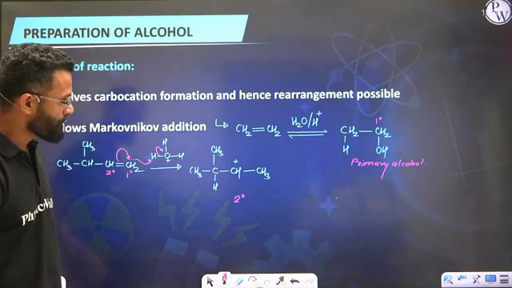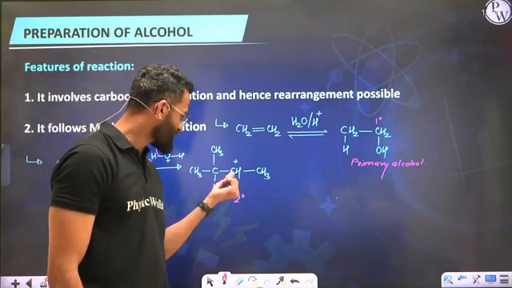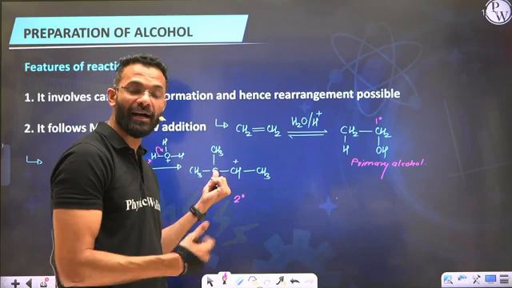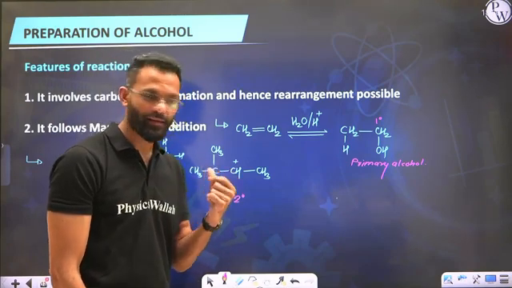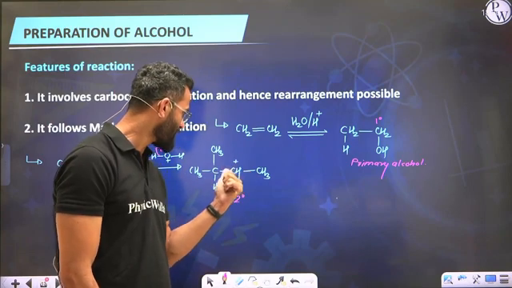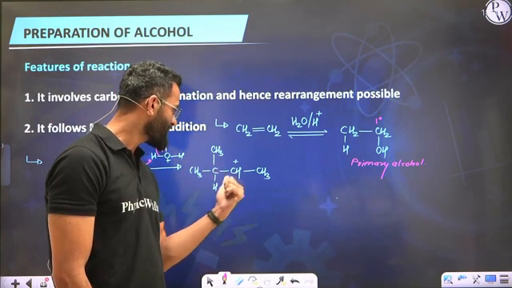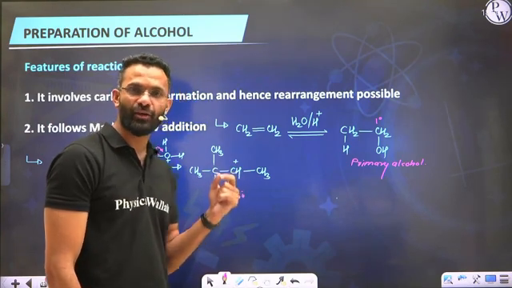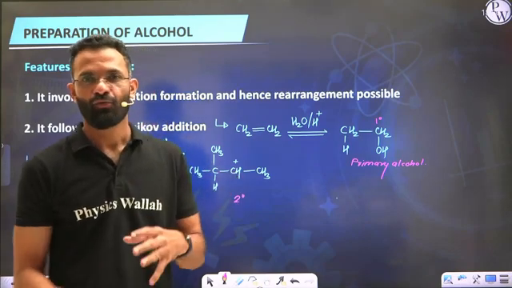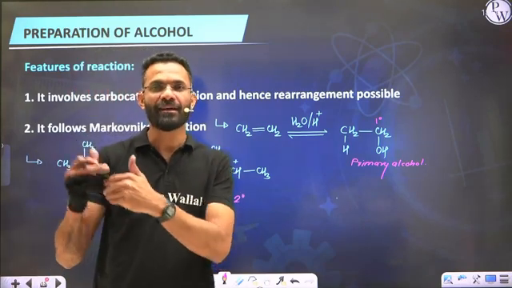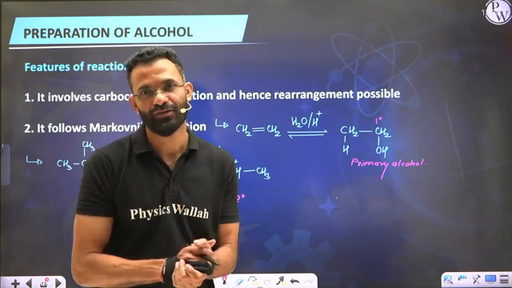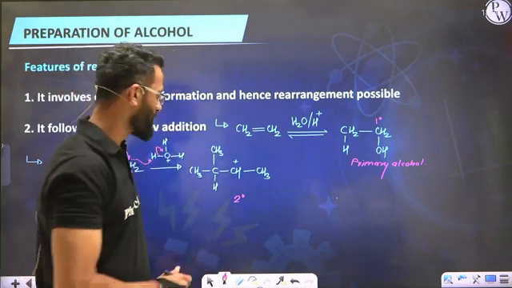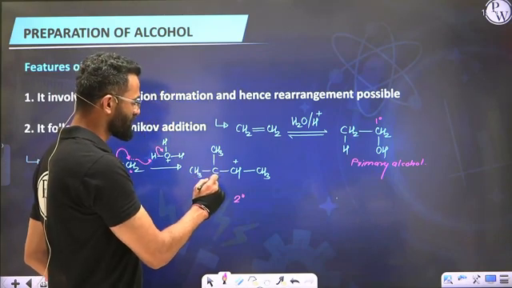Now the existing carbocation is secondary, but the adjacent carbon is of higher degree than the existing carbocation. I repeat, the existing carbocation is secondary and the adjacent carbon is of higher degree. Whenever such a case arises, it will always undergo rearrangement. Now because the adjacent carbon is tertiary, it will undergo a hydride shift.